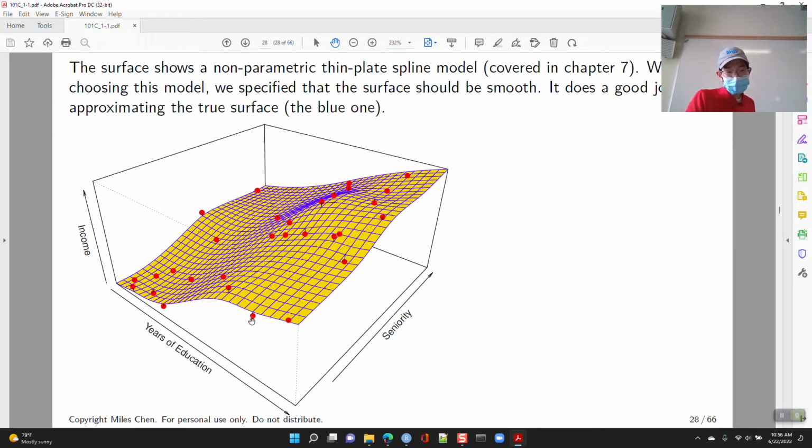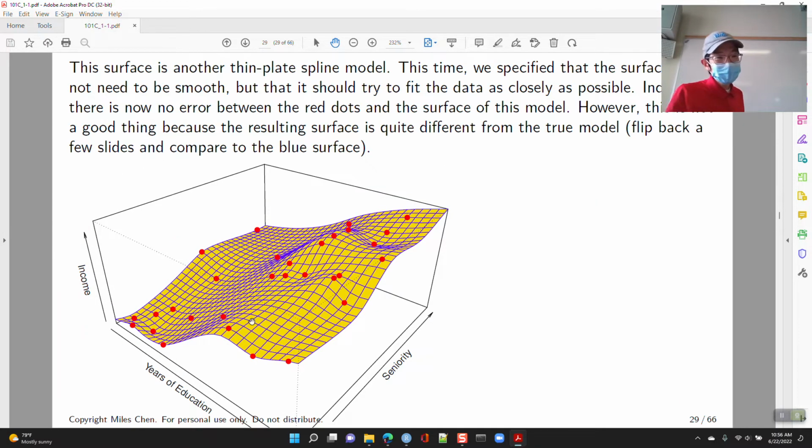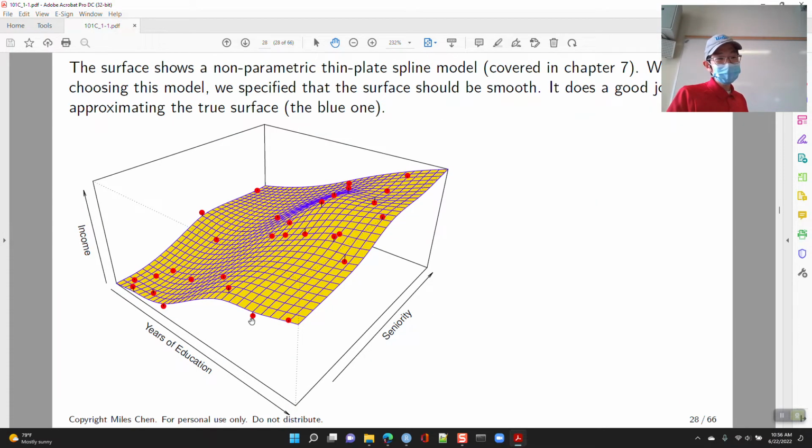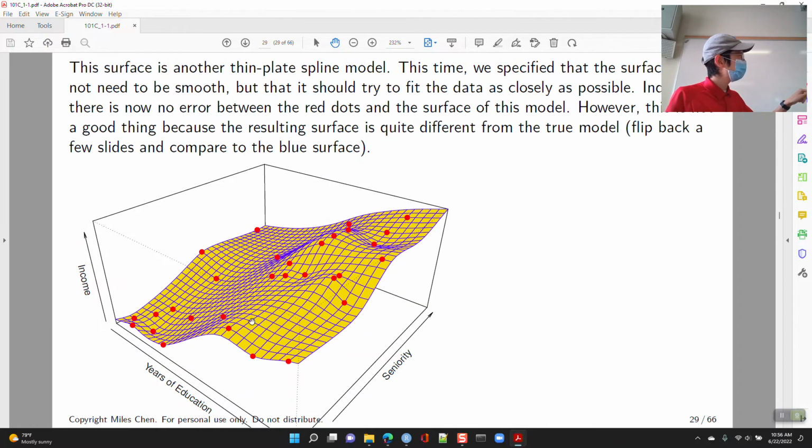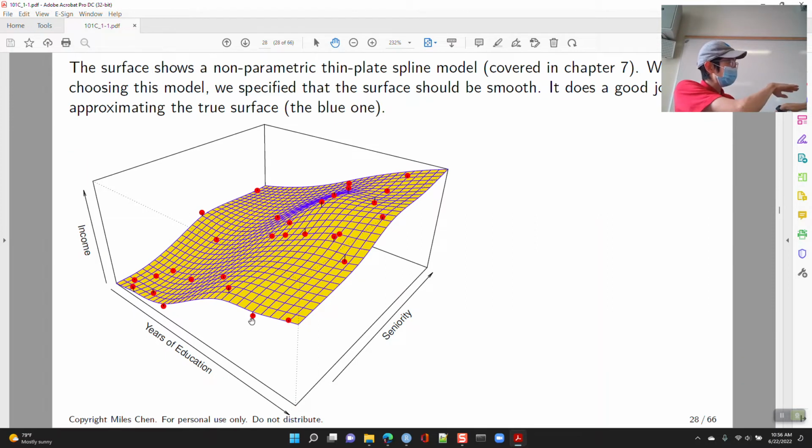And then this one over here is another spline model, another non-parametric thing, but we said you can be as flexible as you want, okay? So over here, you can imagine this as draping some kind of sheet of material on your data.